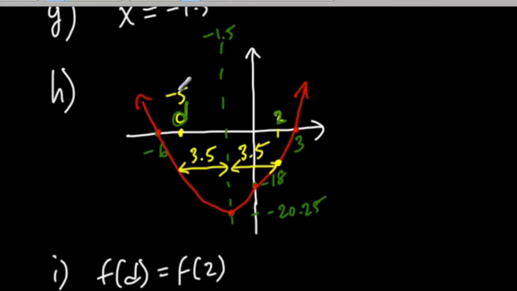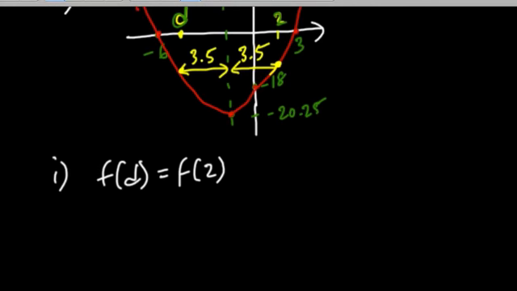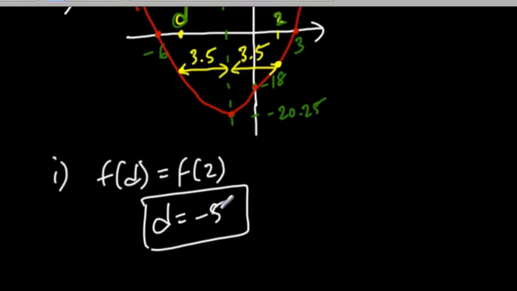So therefore, d must be negative 5, because the value of d where I get the same output is negative 5. And that's our solution.